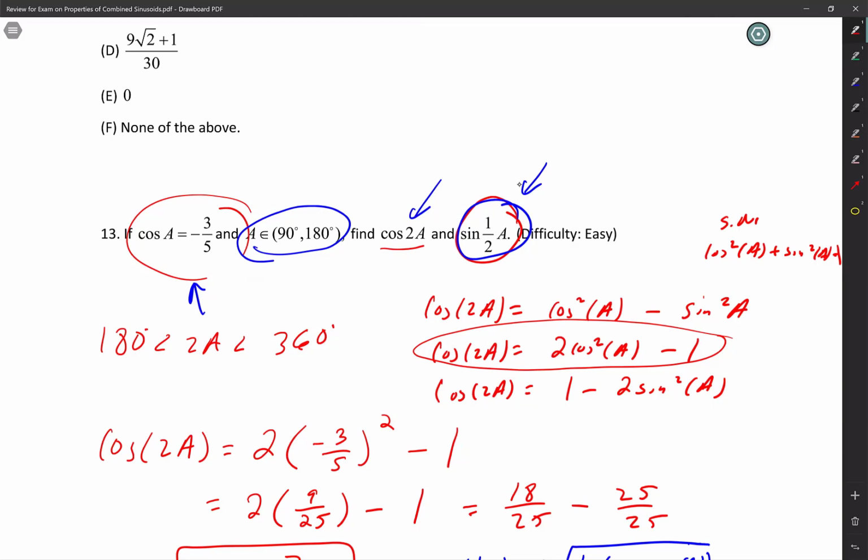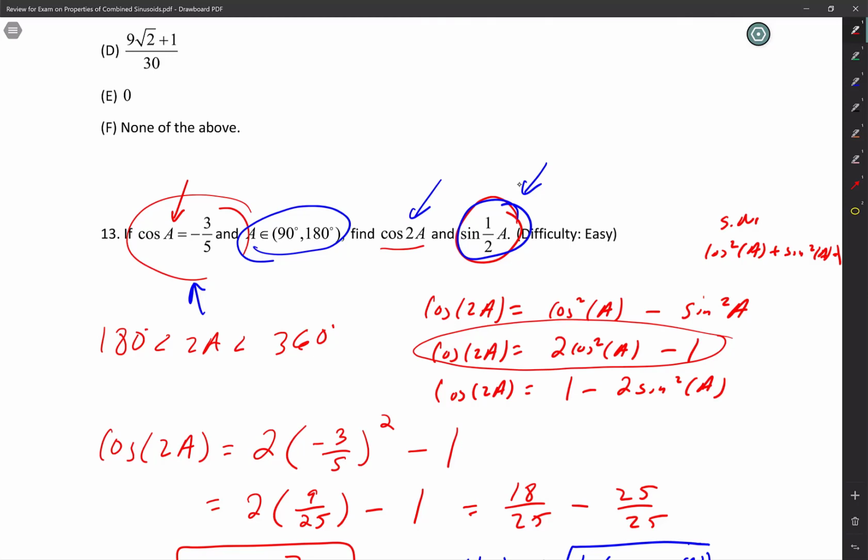Obviously, this does not help us because in quadrant 4, cosine is positive. But 2a would probably be in quadrant 3. You know what I mean? Like if we were to find angle A, you know what, let's do it. Let's find angle A and let's double it.